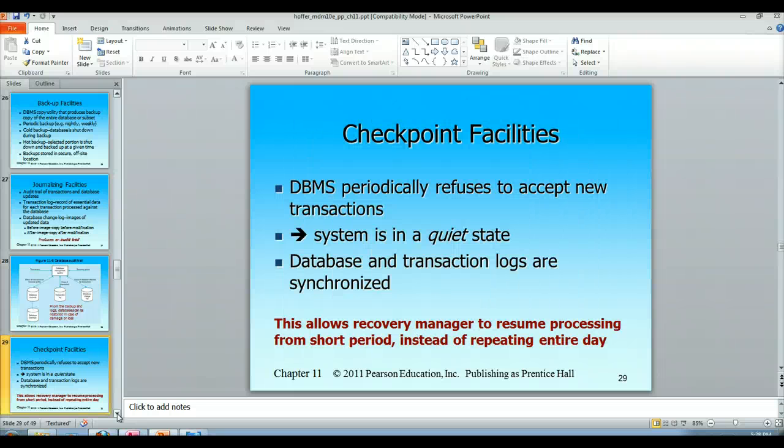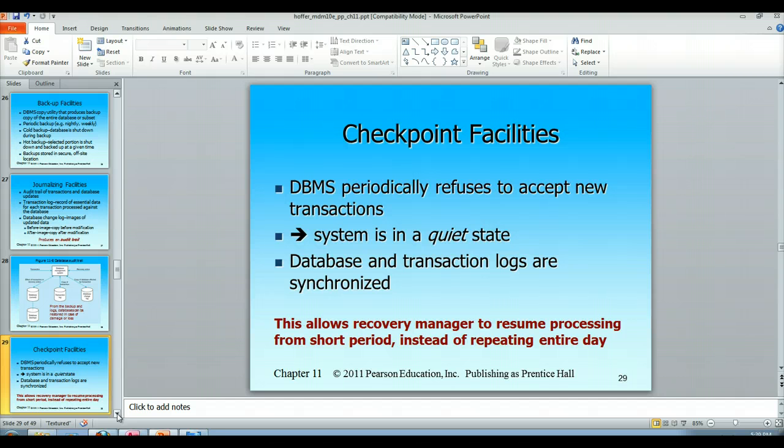The last part is the checkpoint facilities, which really handle the periodicity of events that happen. From time to time, the database management system stops accepting new transactions. The system is put into what's known as a quiet state, and then the database and all its transaction logs are synchronized.